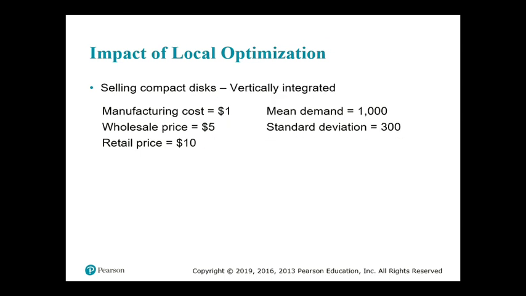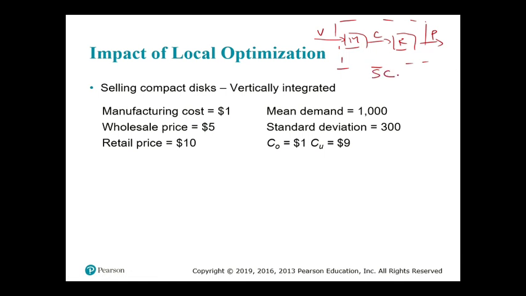Okay, so now let's consider a case where the supply chain is trying to do its best by vertically integrating the whole supply chain. So this is now the case where, again, we have manufacturer, we have the retailer, but the two act as one entity. So now as the single entity, the supply chain, its overage cost is, what's the overage cost?